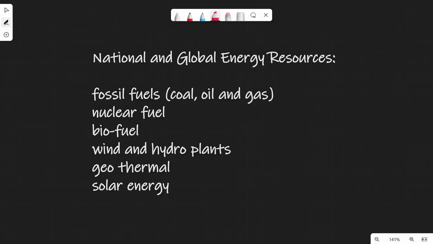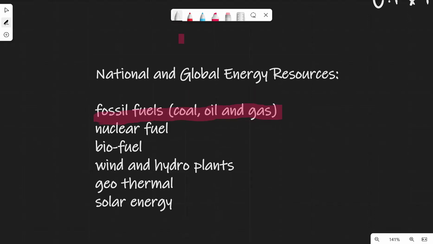And finally, let's talk about the national and global energy resources. Starting off with fossil fuels, which tend to include coal, oil, and gas. Now, these are non-renewable energy sources, and they tend to be very, very bad for the environment. So let's just make a little note here and say that these are non-renewable.